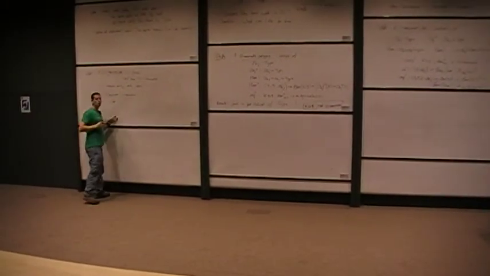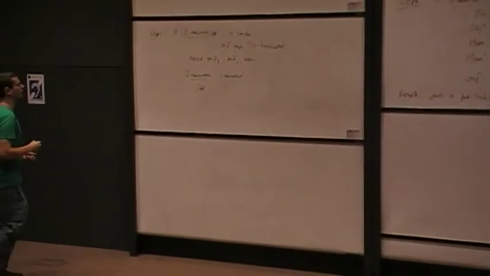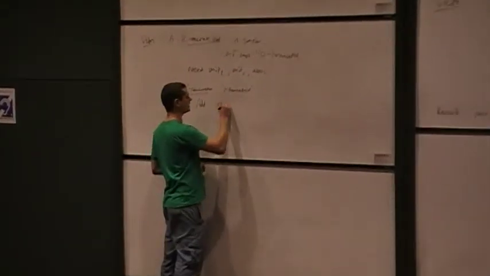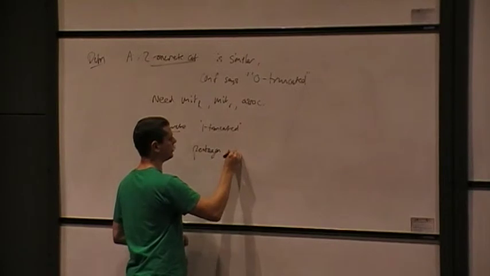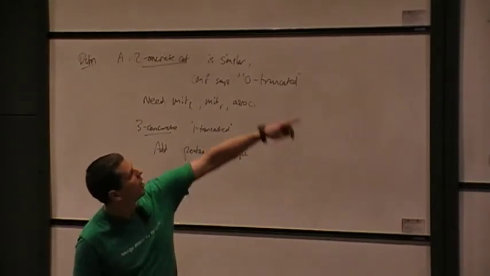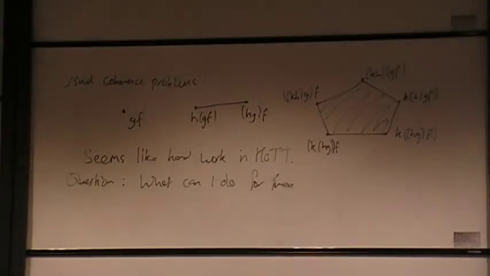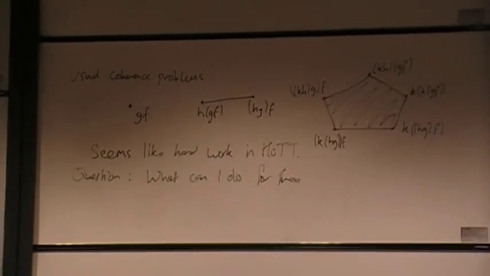So then you're going to add the usual two categorical axioms, the usual things you say in a bicategory, so you're going to have the pentagon and triangle identities. So the pentagon identity is the one that I drew way up there. The triangle identity is the thing you get if you try to work out what the appropriate coherence is for identities.